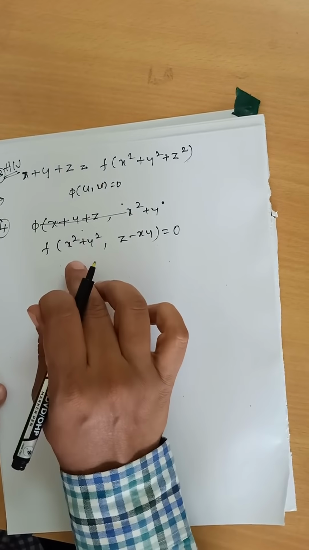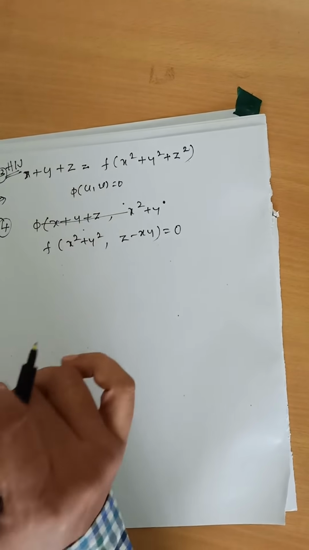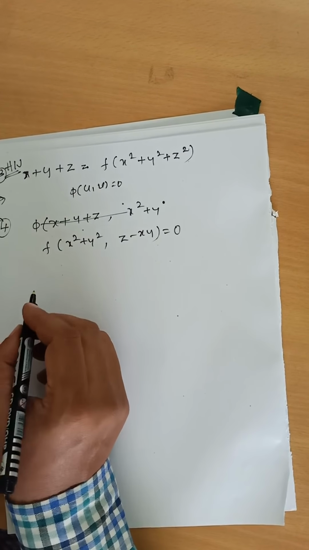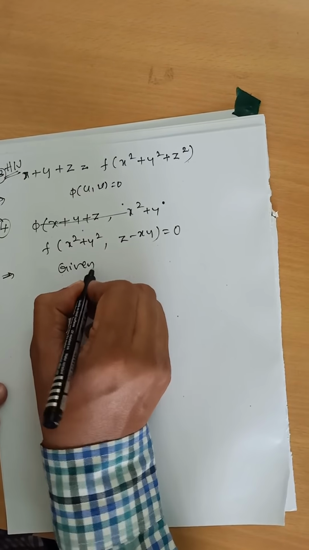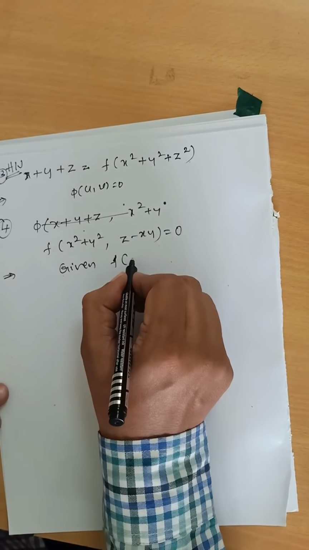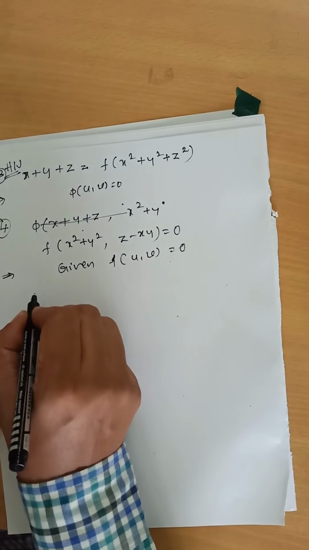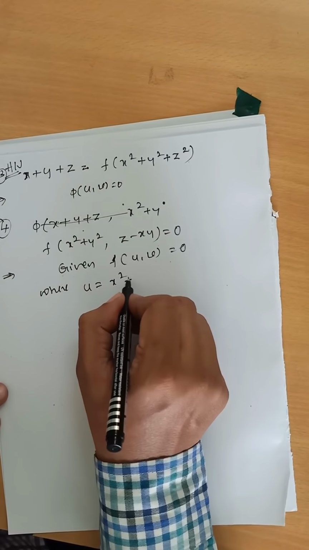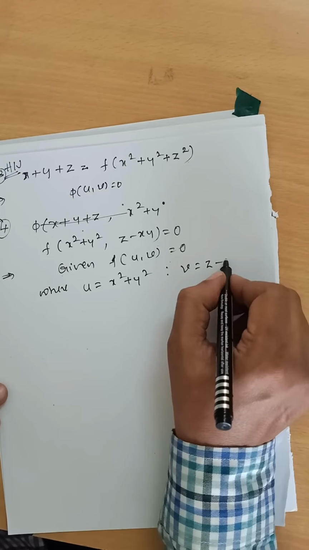See, this equation is in the form of f of u comma v equal to 0, instead of phi, where u is x square plus y square and v is z minus xy.